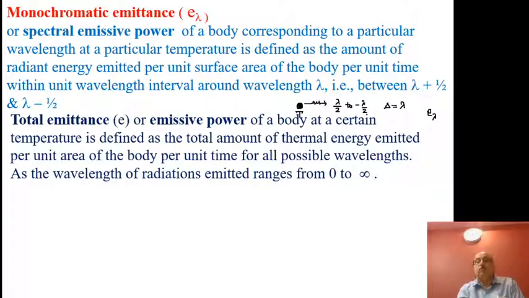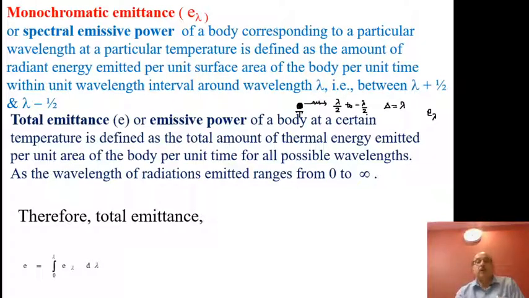But this emission is from 0 to infinity, not a single wavelength. So the total emittance will be represented by E equals the integration from 0 to infinity of the monochromatic emission E lambda, integrated with respect to wavelength. So this is called total emittance.